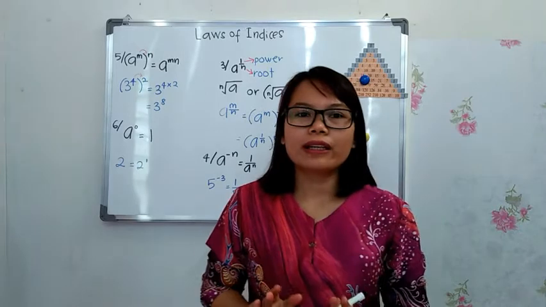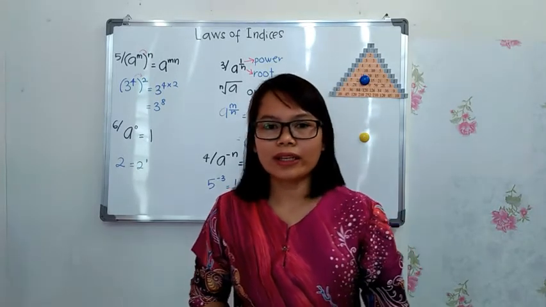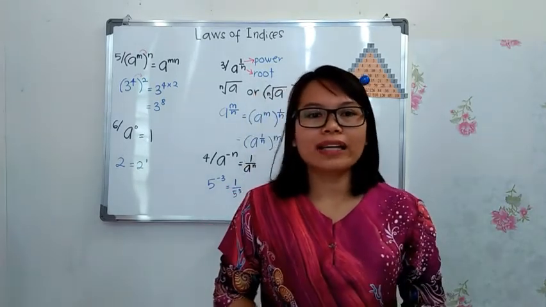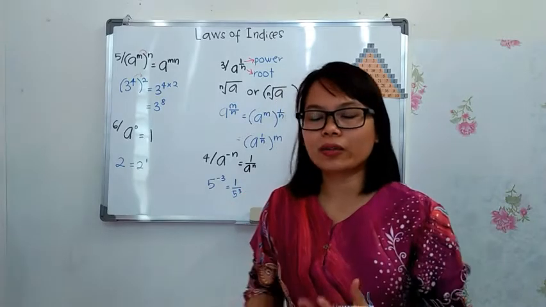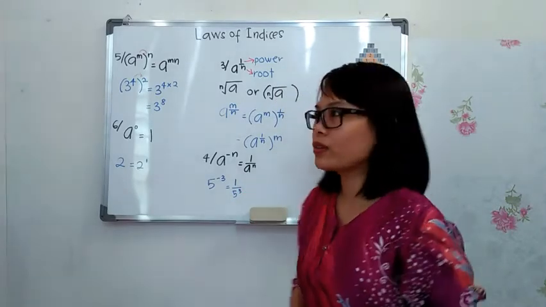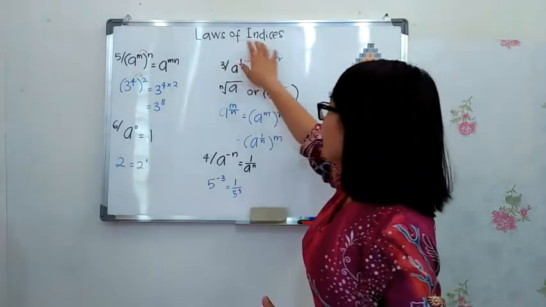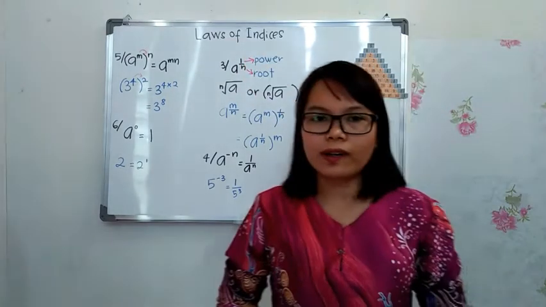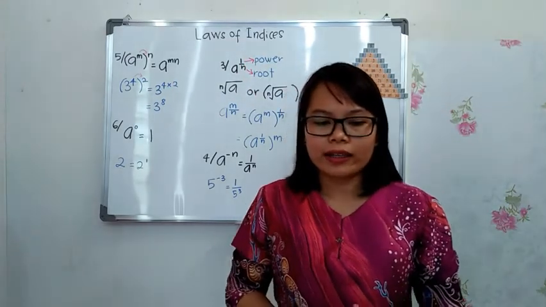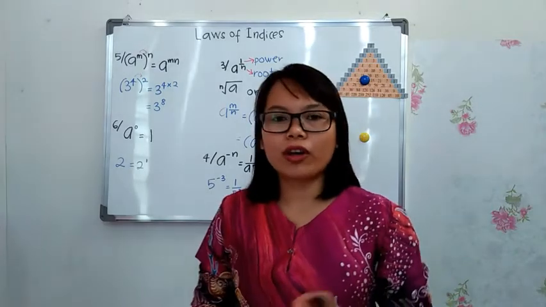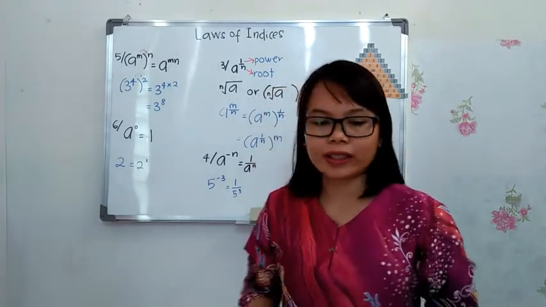Okay, before we end our lesson today, I would like to recall what we learned today: law of indices. There are 6 basic laws. First one is multiplication.